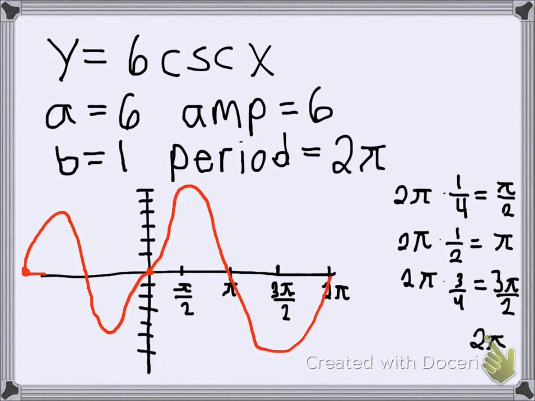The cosine graph, you mark at the edges, at the end of the curves. So here would be your cosecant curve.